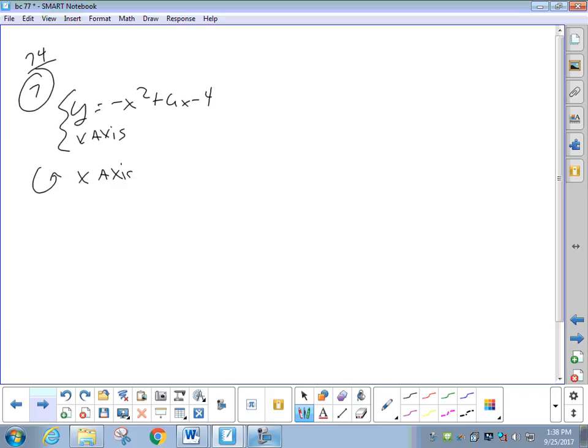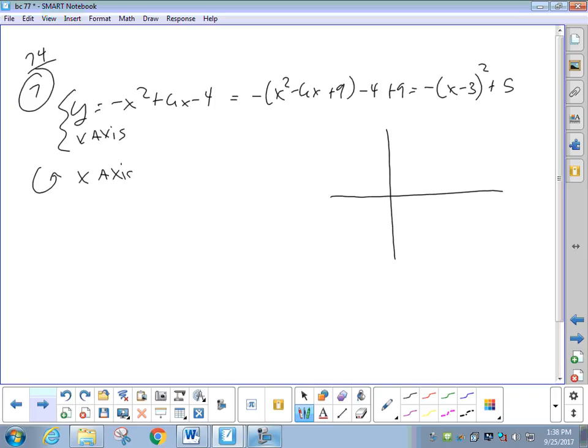If you look at this graph, x squared, 6x minus 4, plus 9, plus 9. I don't know how good your completing the square skills are, but I have mad completing the square skills. This is a parabola shifted right 3, up 5, and opening down with a y-intercept of negative 4.